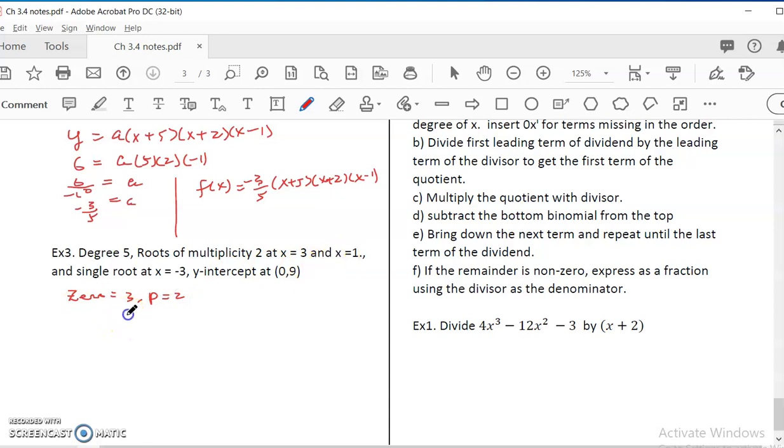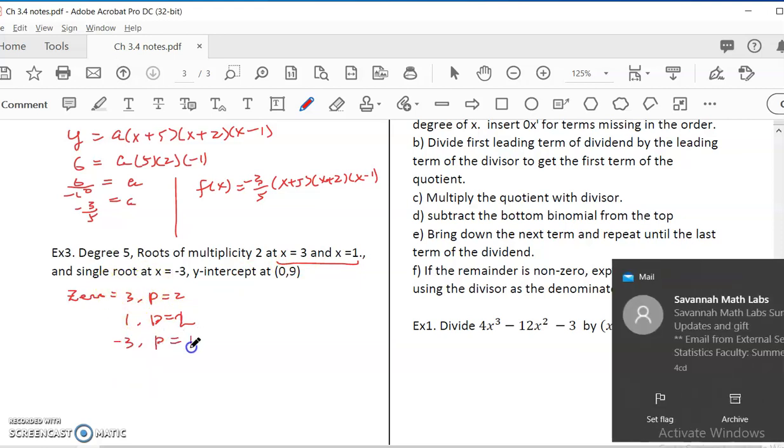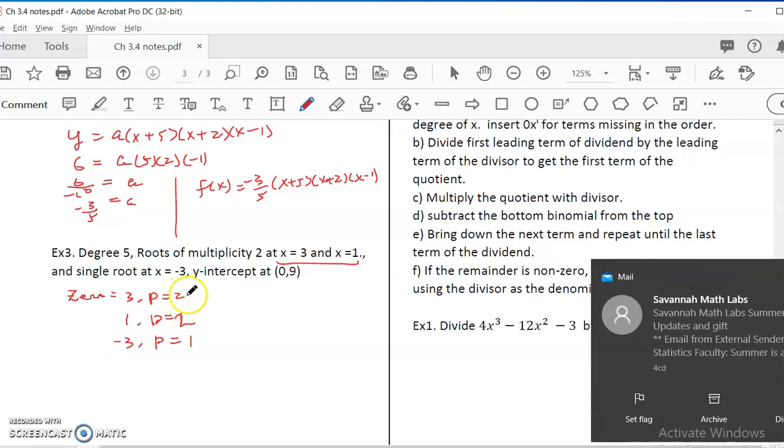And then zero is 1. Oh no, okay, so at this one the multiplicity is 2, so I should say p equal to 2 also. I misunderstood. Single root at x equal to negative 3, so for negative 3 it is 1. So we have 1 root, 2 roots, 3, like that.